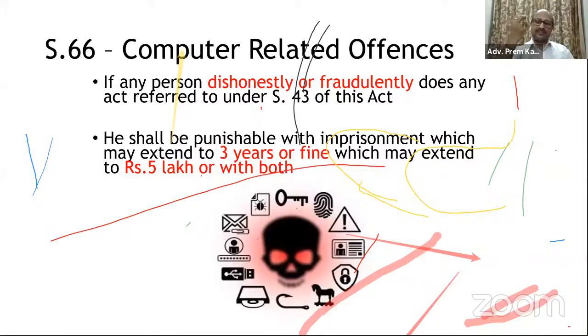So the scope of attracting the penal consequences is with the term dishonestly or fraudulently. Please bear that in mind. Now we proceed to understand what acts have been brought within the purview of the penal consequences under 66 that are enshrined under Section 43.